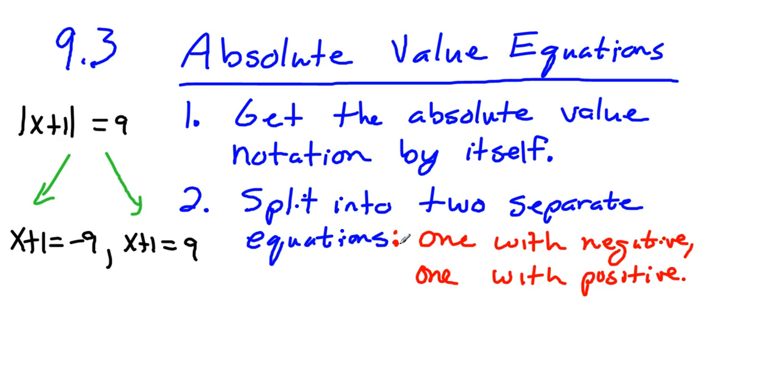Once you get the absolute value by itself, that's where you want to split into the two separate parts, where you've got one with a negative, one with a positive.